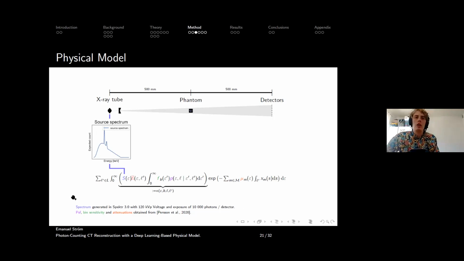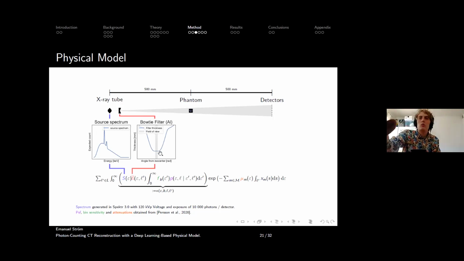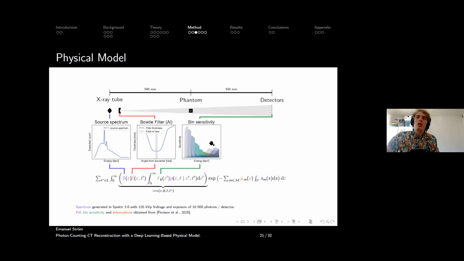And on the left lower hand side here, you can see just the sources that we used to generate all of this data. And then we have this bow tie filter. And as you can see, I don't know if you can see it very clearly, depending on which type of monitor you have, but the field of view here is quite small, which means that we're essentially using just a constant thickness bow tie filter.